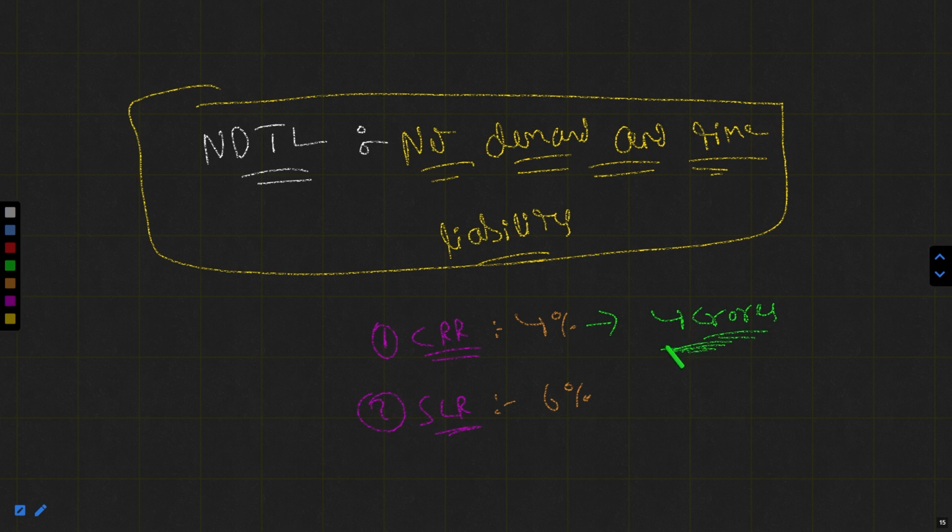And when that happens, how much is left? 96 crores, right? And if we take 6% of 96 crores, what will we find? We will find nearly 1.26 crores. Not 1.26 crores. It will be more than that, it's nearly about 8.36 crores.